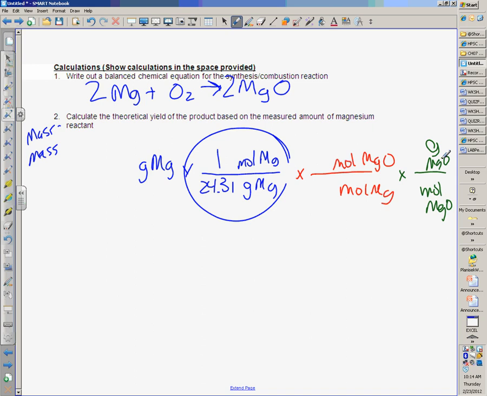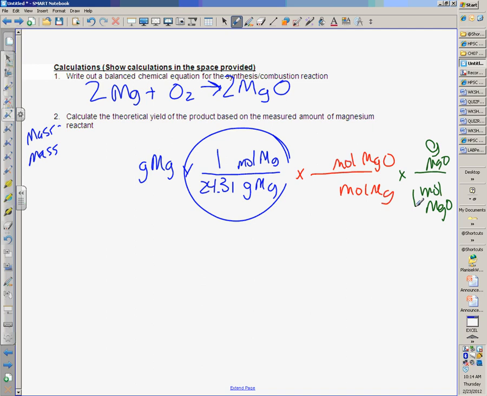Now, Kennedy, in the green conversion factor, what number goes on the bottom? 1 mole here. That's in the periodic table, and you have to add the 2 of them together. So this is a specific mass problem for this lab, but any mass problem, you have to go through this process.